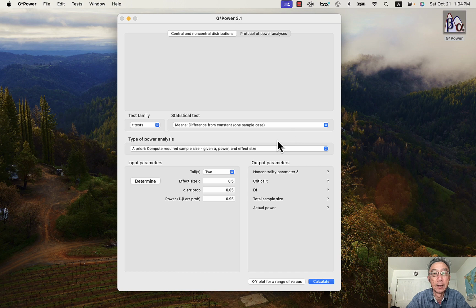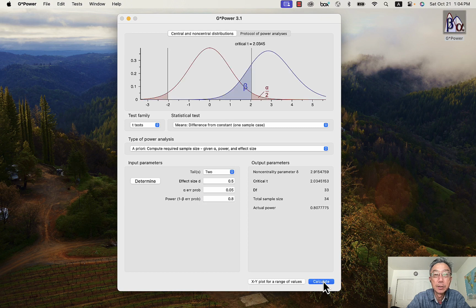So if it's the one sample case, let's say two-tailed test, effect size medium, alpha level 0.05, power, let's say 0.80, and we can calculate. We need 34 participants for this analysis. Degrees of freedom in this case equals 33. Okay, so this is G-Power.